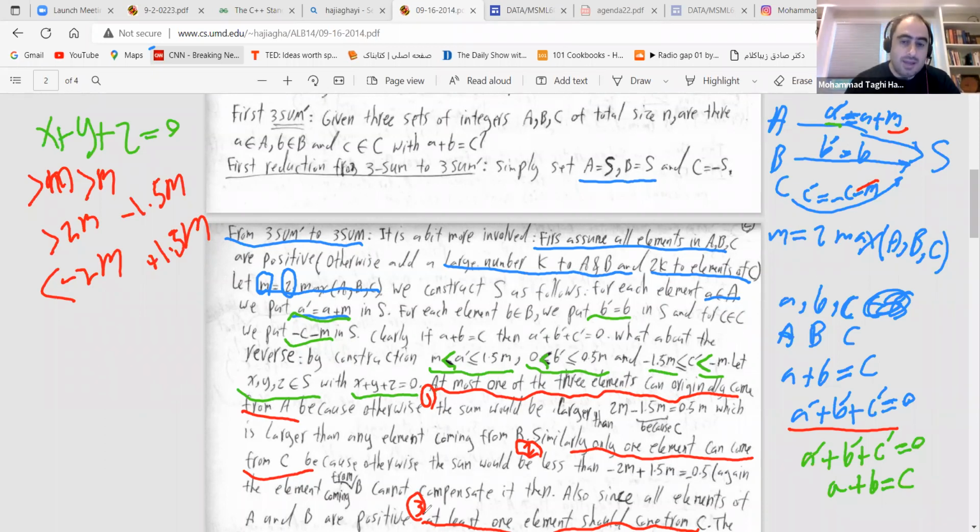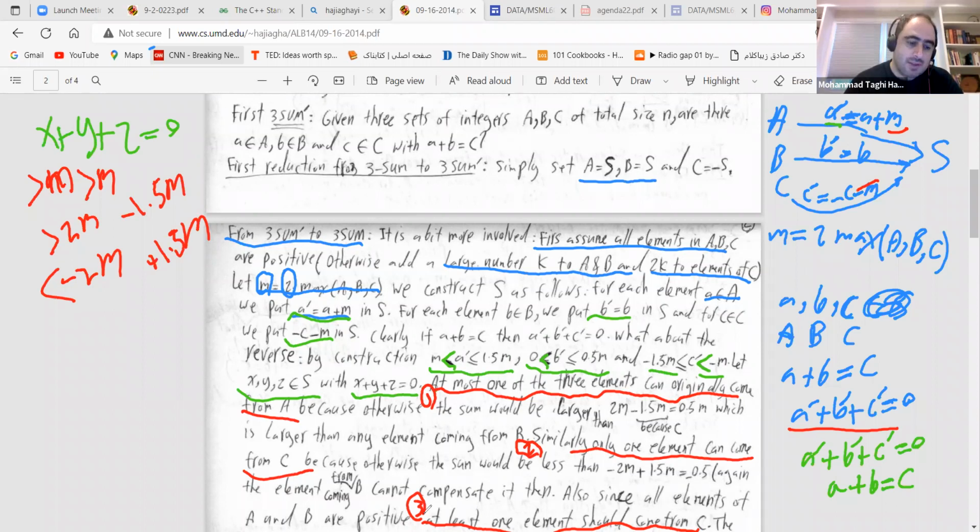Why? Because elements of A and B are both positive. To get a negative, we definitely need something from C. So we should have exactly one element from C.